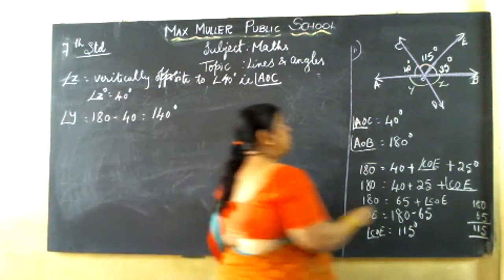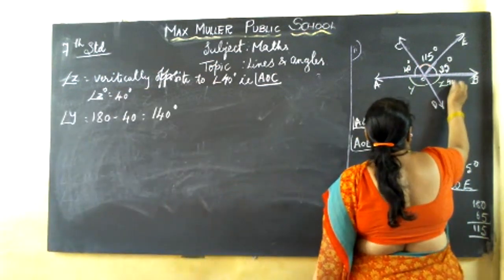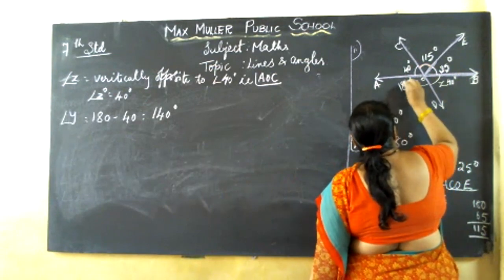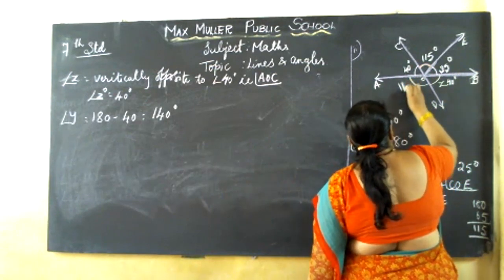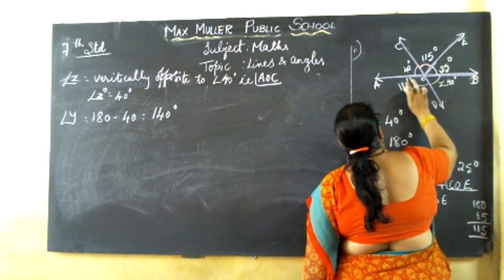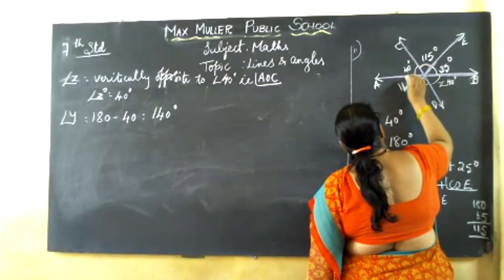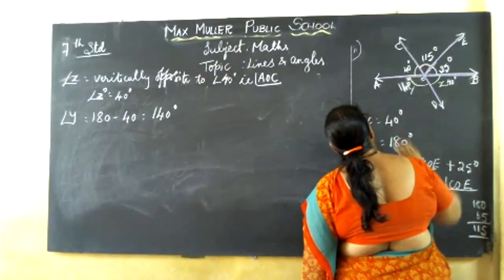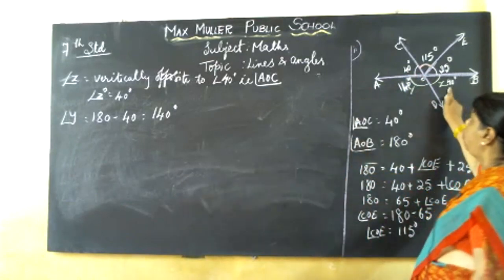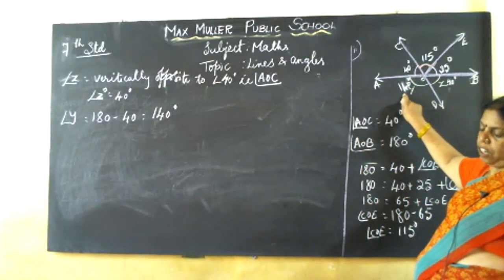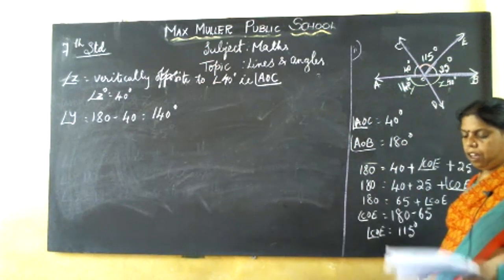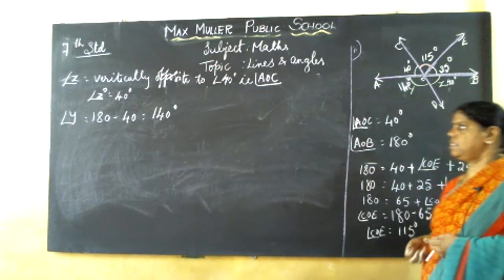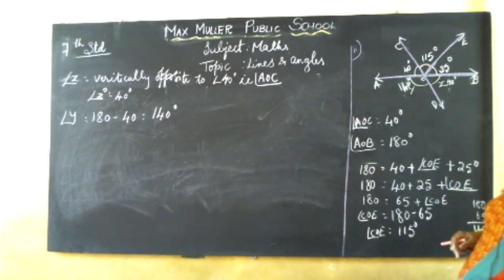Here this is 40 degree and this is 140 degree. Okay, 140. This is 40. This is 140 degree. So you will have the correct answer now. Understood now?